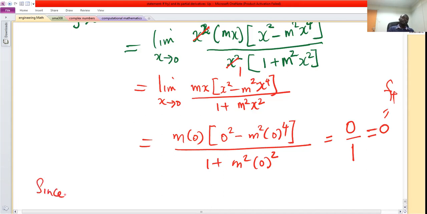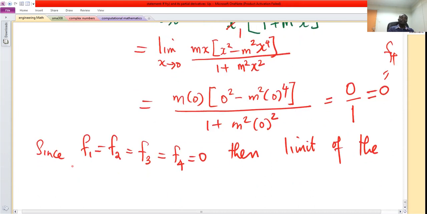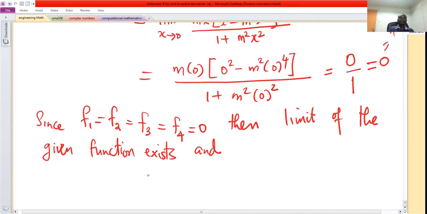Now since f1 equals f2 equals f3 equals f4 equals 0, then the limit of the given function exists, and we conclude that the limit of f of x, y as x approaches 0, y approaches 0, equals 0.